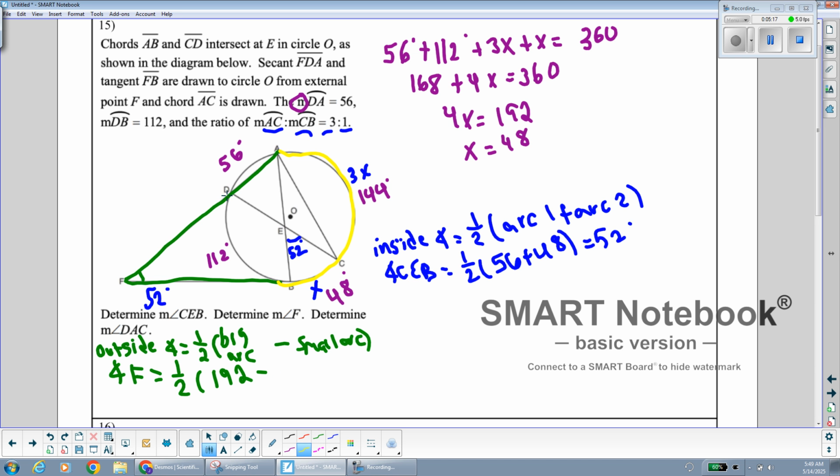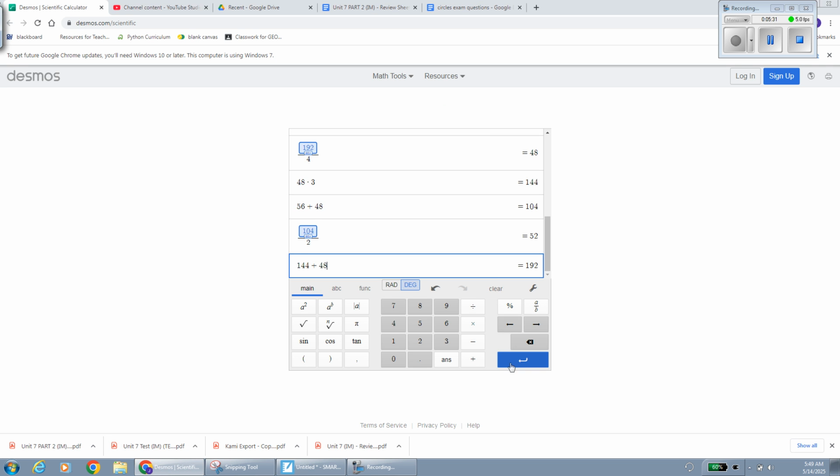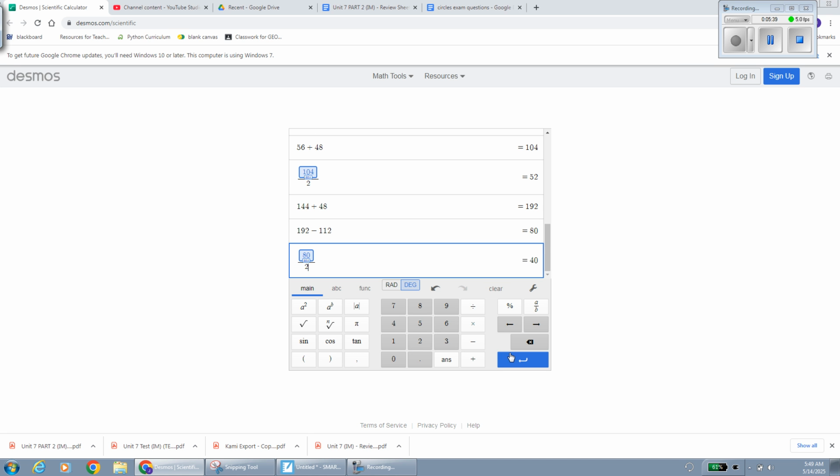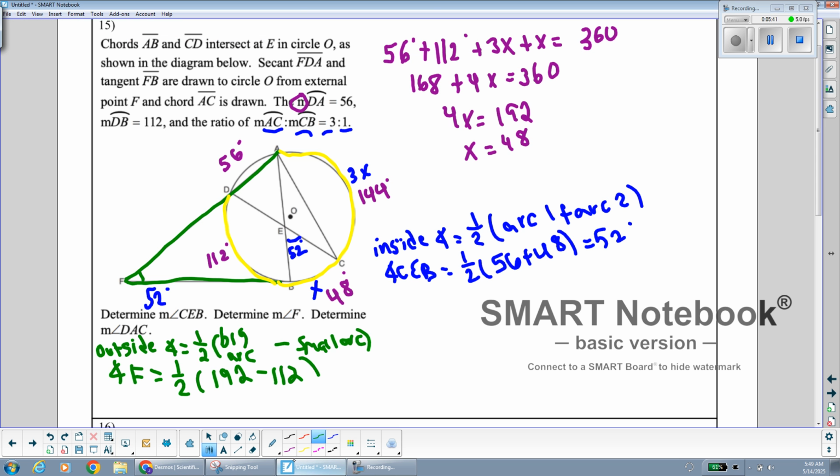And then the small intercepted arc is the one that's inside the rays, DB, which is 112. Let me put this into my calculator. Half of 192 minus 112. And that's 40. So angle F is equal to 40 degrees.